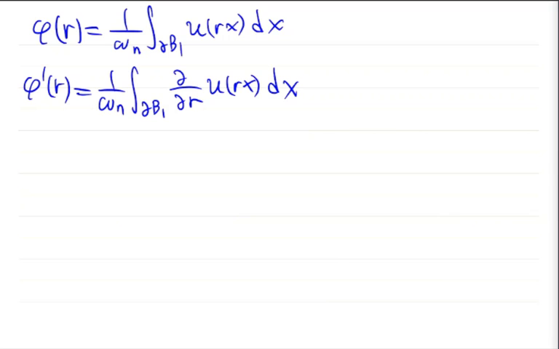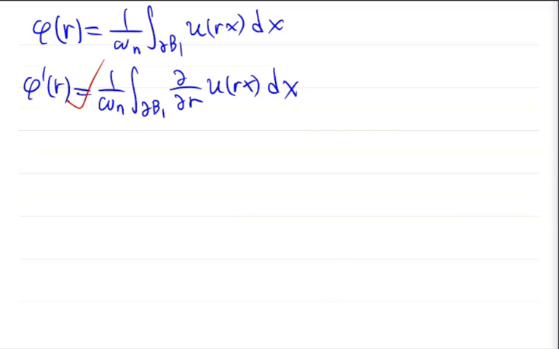I have not discussed the exercises, but I provide the proof of the conclusion that for an integral with a parameter, under suitable conditions, we can take the derivative under the integral sign. Using the result, we can take the derivative of the integral by integrating the derivative of u(rx) with respect to r. So this is true.